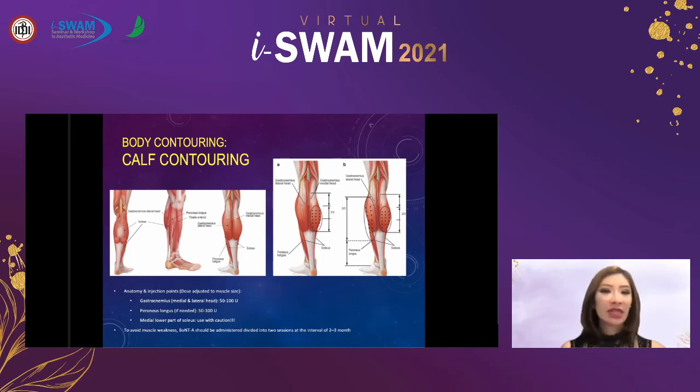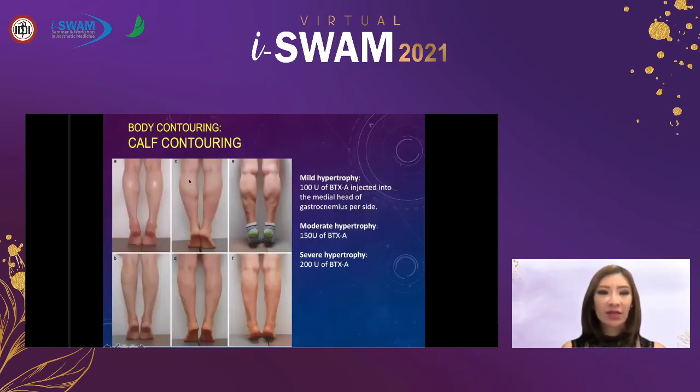And what you have to keep in mind is the patient who has O-shaped legs. Some patients have O-shaped legs, so you have to be very careful not to inject too much in the medial parts because it will accentuate their O-shaped legs.